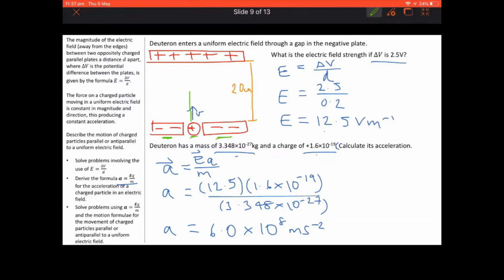So eventually, because the acceleration is in the opposite direction to the velocity, its velocity is going to dwindle all the way down to 0. It will stop momentarily before moving back towards the negative plate.